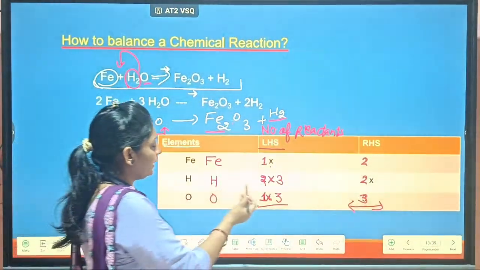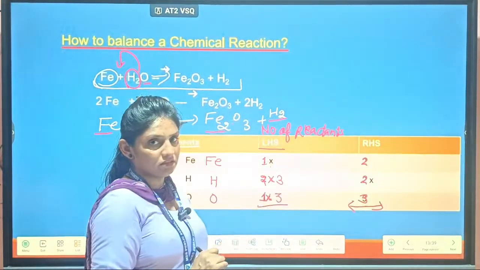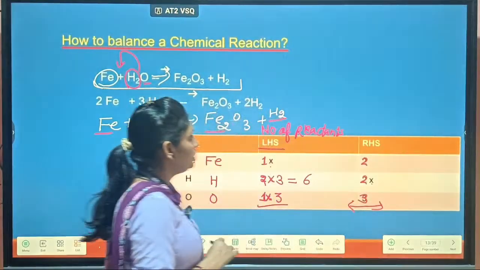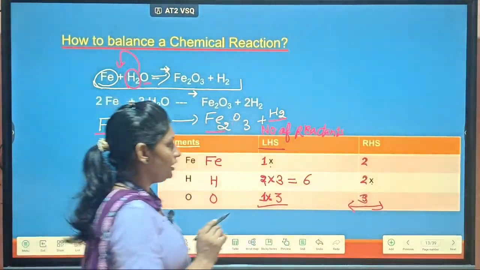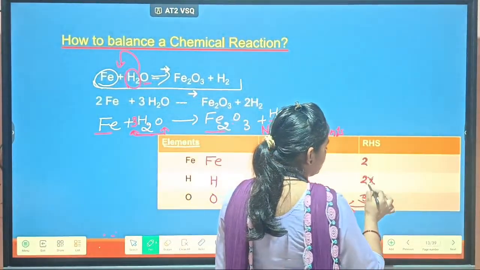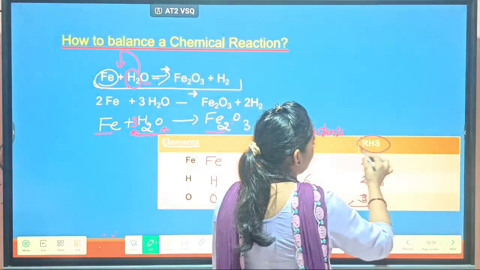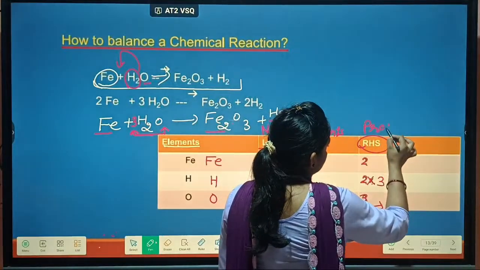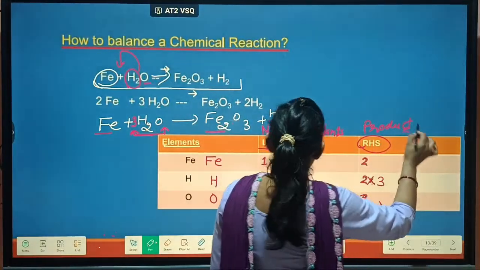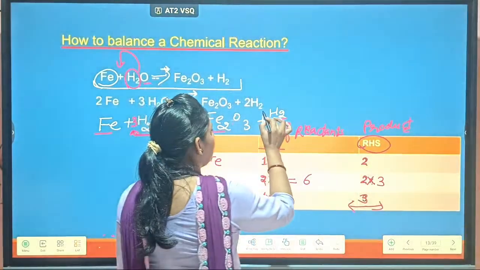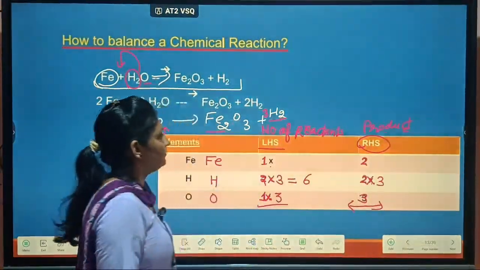Then in the reactant side hydrogen is 6, but in the product side there are only 2 hydrogen. So we need to multiply this one also by 3. In the product side this is hydrogen, so we will multiply this one by 3.